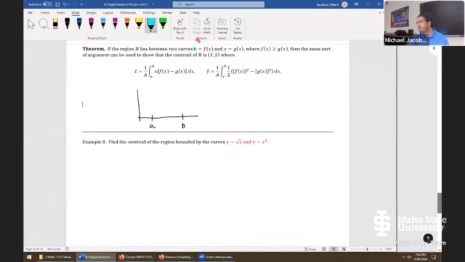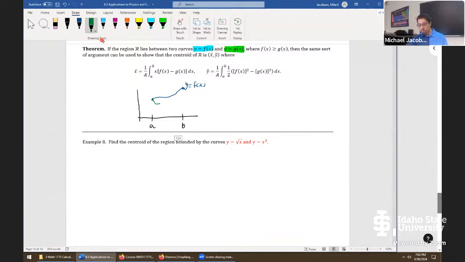The curve y equals f of x, we think of that as being the curve that's above the g of x curve. So it might look like this when we go to plot. The second curve, y equals g of x, this one will lie below. They might intersect at a common point, say something like this for an example.